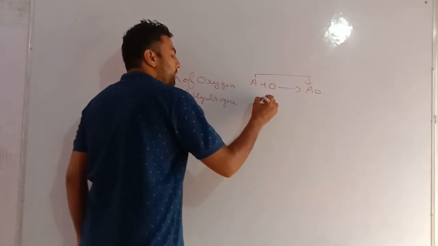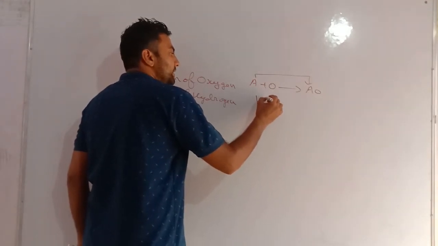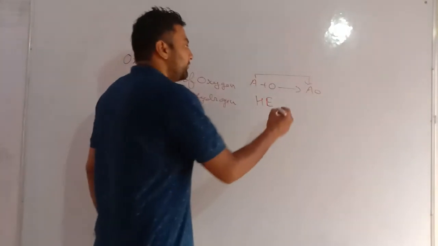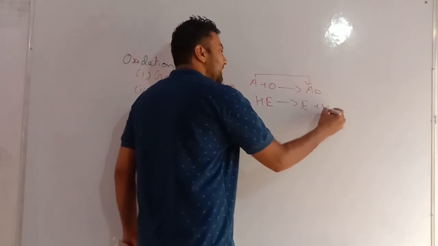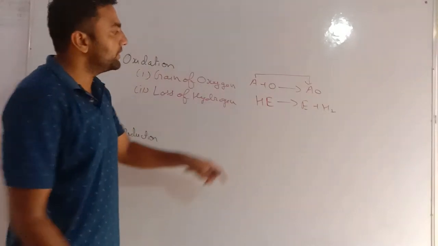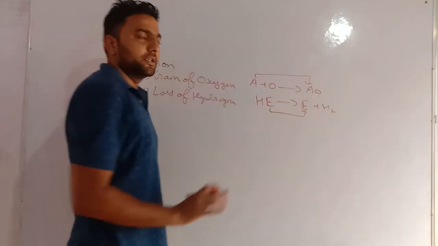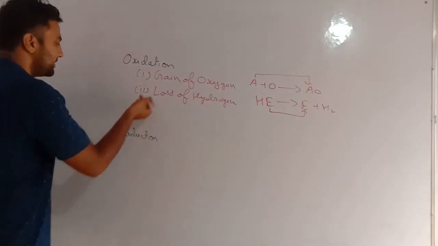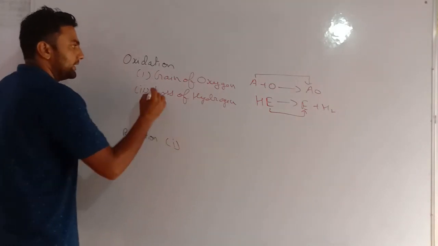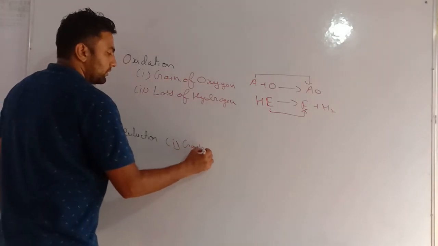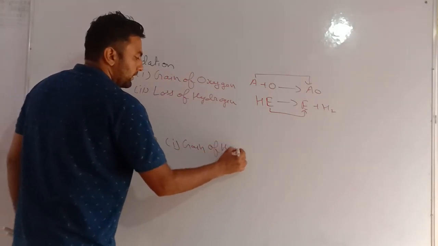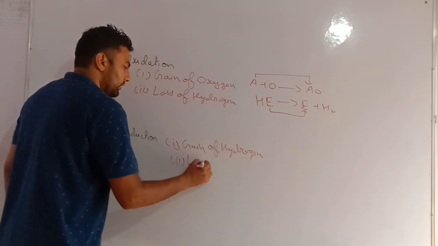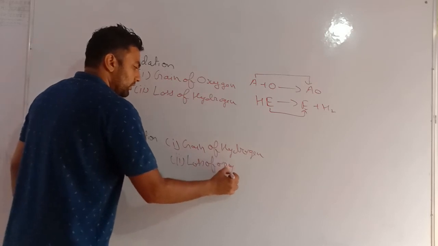For example, if there is any compound HE, H is hydrogen and E is any element. After reaction, if E and hydrogen separate, now this E has lost hydrogen, then this is oxidation. What is reduction? Reduction is just the opposite of oxidation, that is, gain of hydrogen, and second, loss of oxygen.